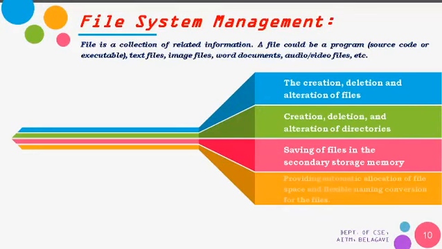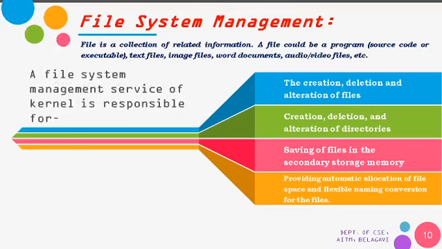A file could be a program, source code, or executable program, or it can be a text file, image file, word document, or audio or video file, etc. The file system management services of the kernel are responsible for the creation, deletion and alteration of files, creation, deletion and alteration of directories, saving of files in the secondary storage memory, providing automatic allocation of file space, and flexible naming conventions for the files.